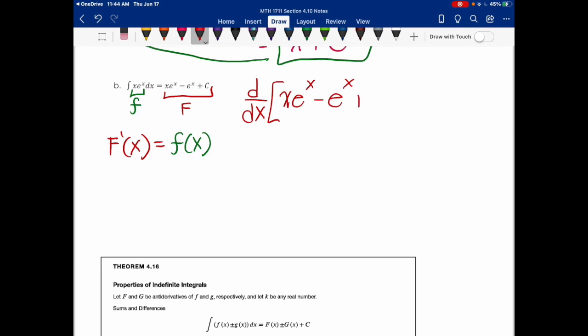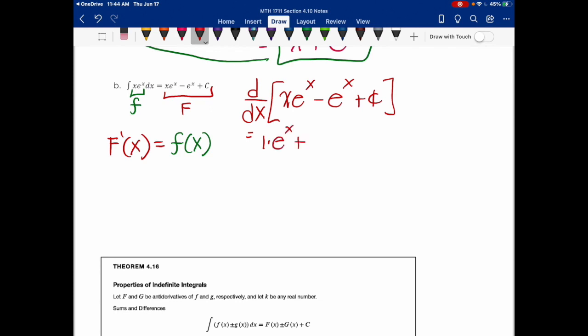So I'm going to take the derivative of x e to the x minus e to the x plus c. Now, when I take the derivative of the first term, x e to the x, I have to use the product rule.